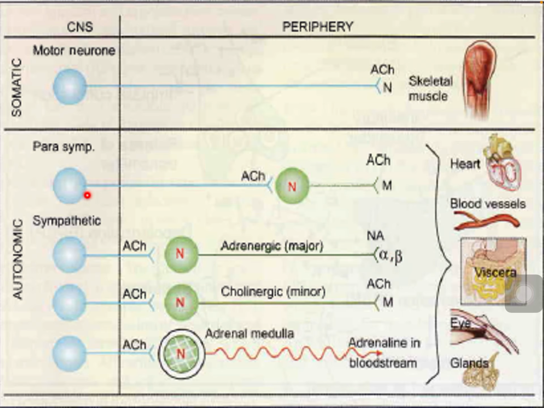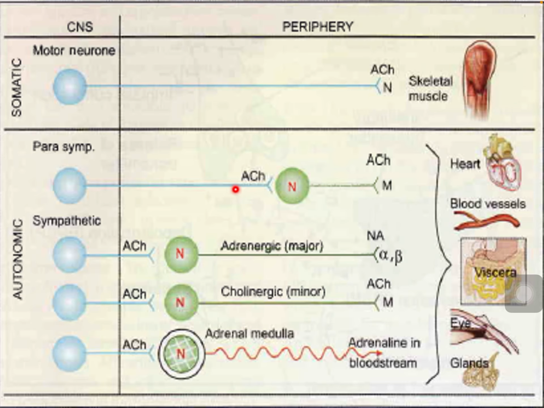The preganglionic fibers are longer in the parasympathetic nervous system while they are shorter in the sympathetic nervous system. The ganglia are located close to the effector organ in parasympathetic, while in sympathetic the ganglia are located far from the effector organ, hence their postganglionic fibers are longer. In the parasympathetic nervous system, the preganglionic neurotransmitter is acetylcholine.